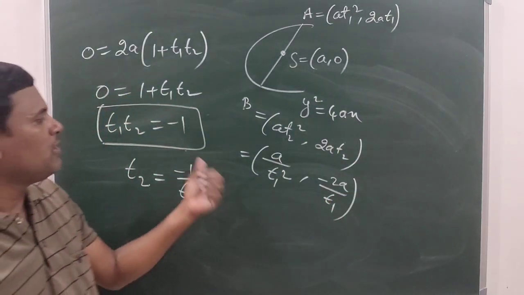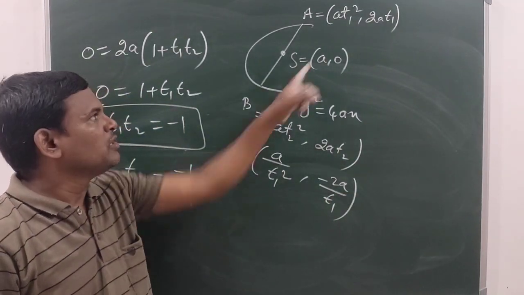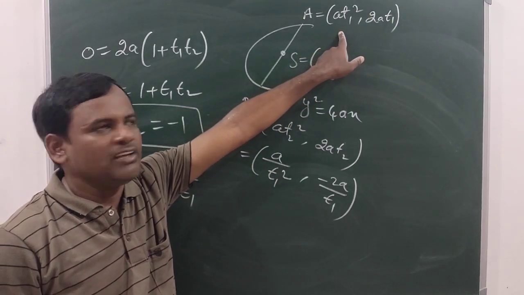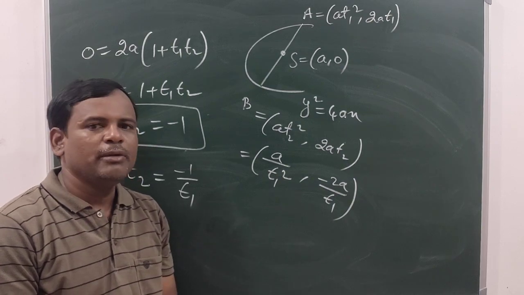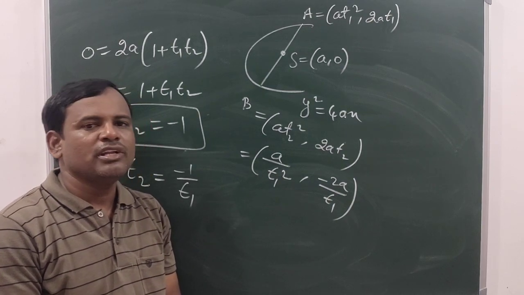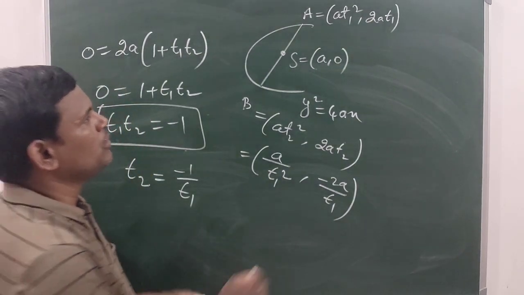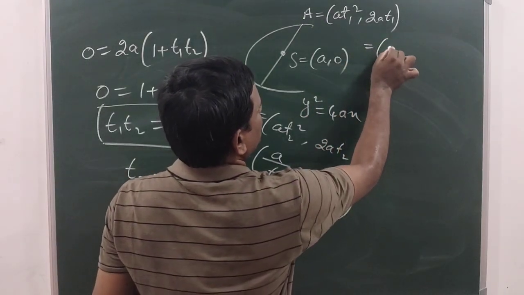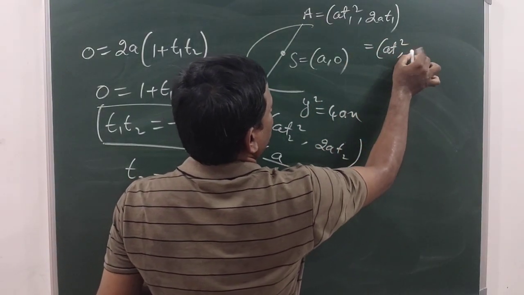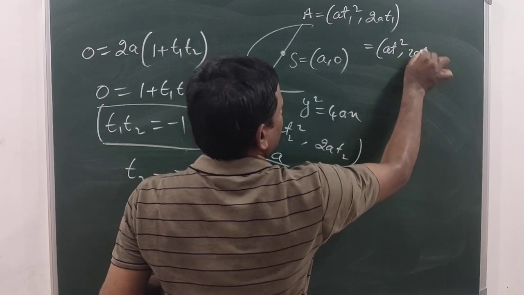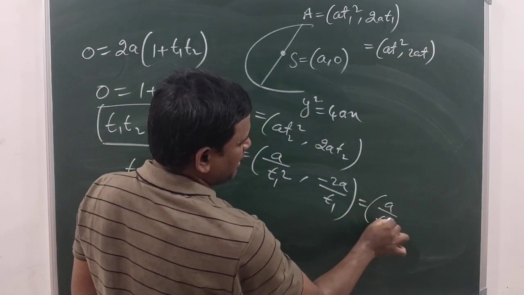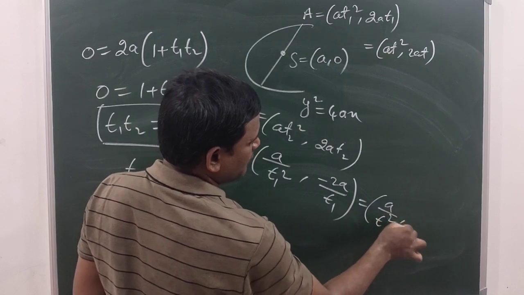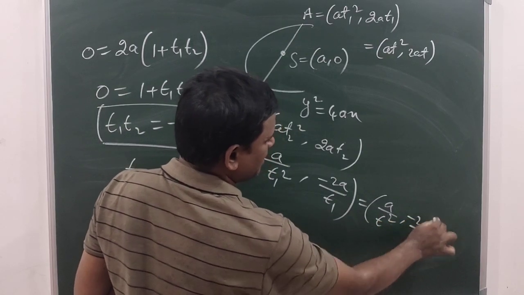So for the focal chord, if one end is (a t1 square, 2a t1), the other end is (a by t1 square, minus 2a by t1). So if you take one end as (a t square, 2a t), the other end is (a by t square, minus 2a by t).